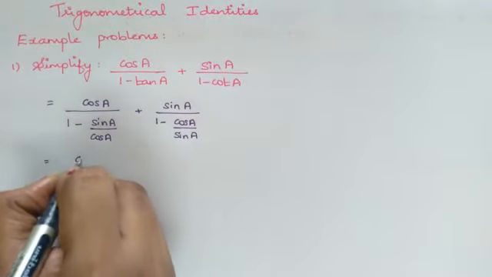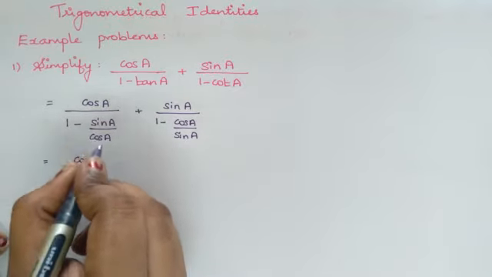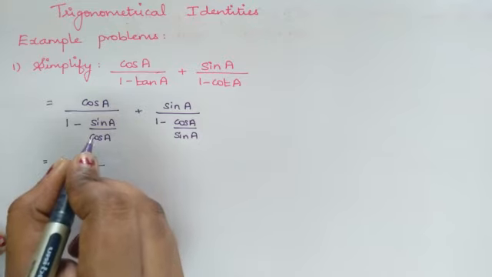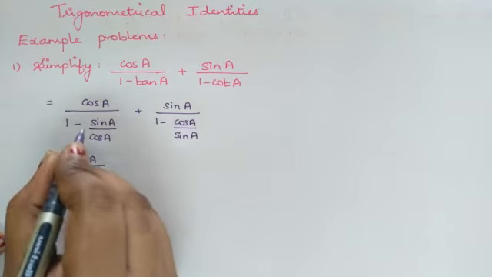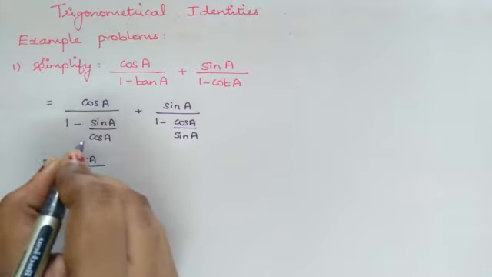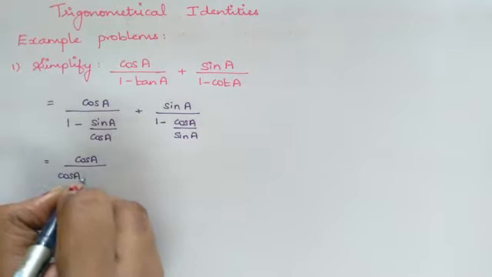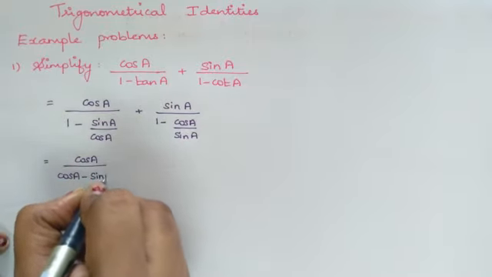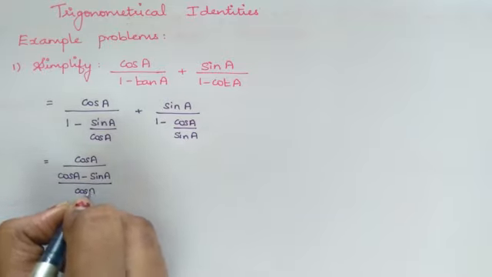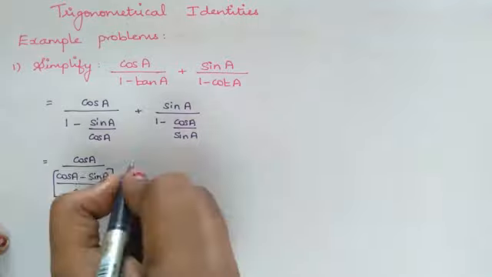So cos A by 1 minus sin A by cos A. We are going to opt for the cross multiplication method and simplify 1 minus sin A by cos A. So cos A will be multiplied with the opposite numerator, so this will be cos A minus sin A whole divided by cos A. This becomes the entire denominator.